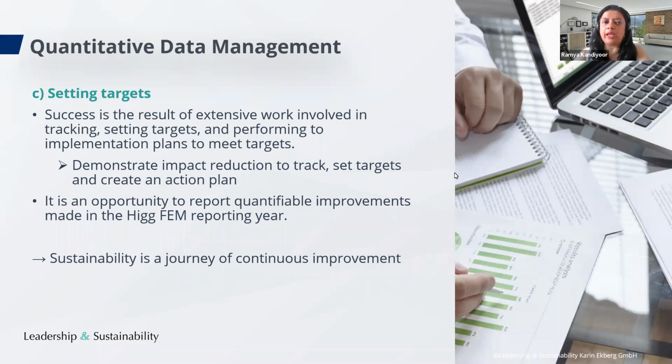So here you will be able to demonstrate impact reduction by creating a good action plan. And it's an opportunity to report quantifiable improvements that are made in the FEM reporting year. For example, in 2022, how much have you been able to bring down your entire energy consumption is something that you will be able to set a target for and report.